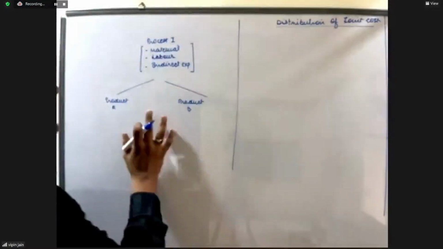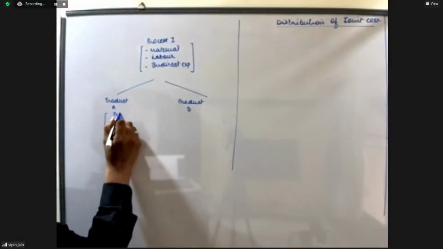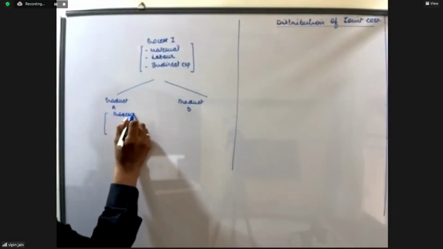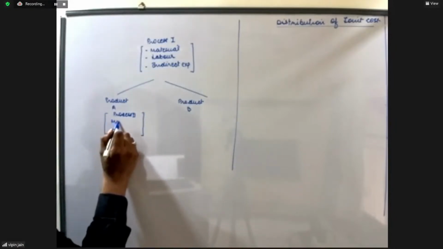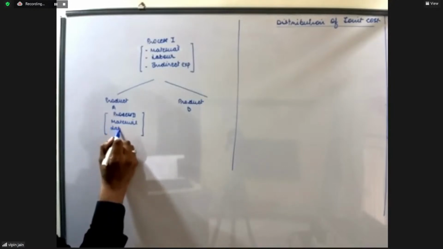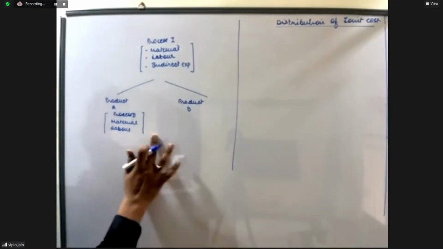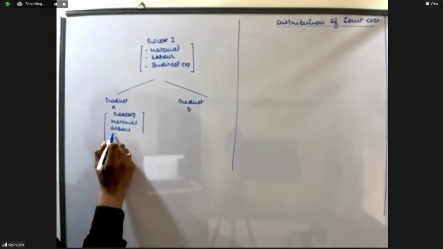Now, let's say product A is further processed in process second, wherein additional material cost, labor cost, and other indirect expenses are incurred.